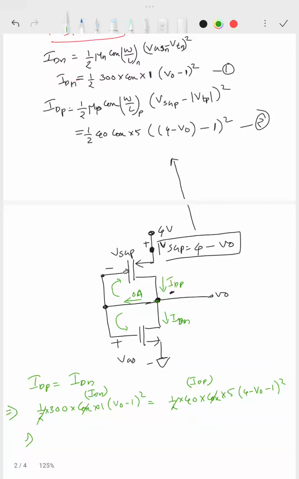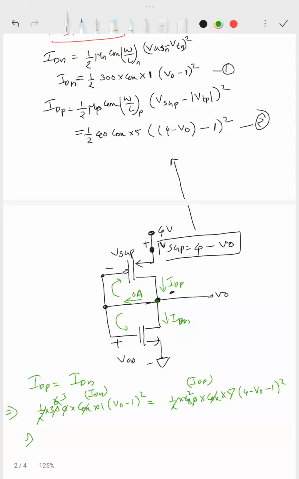So this 0 is cancelled. 5 will go 6 times here, and this 6 will go 3 times here too.